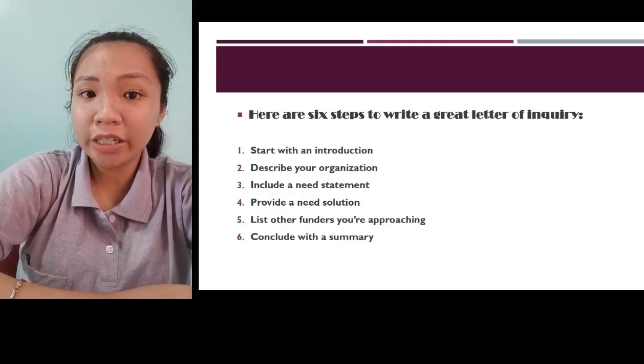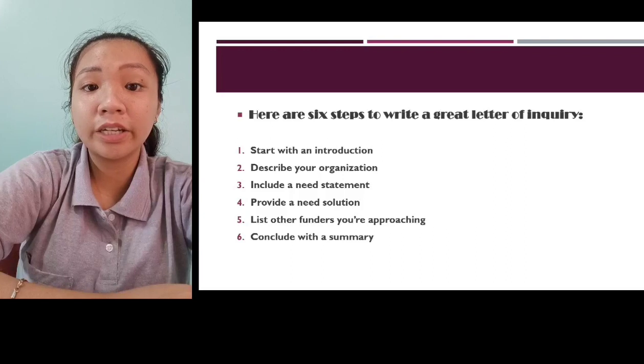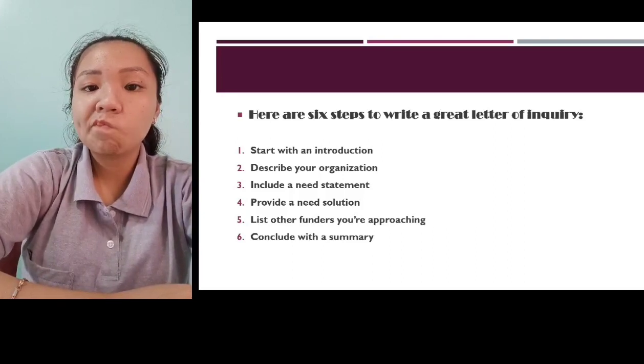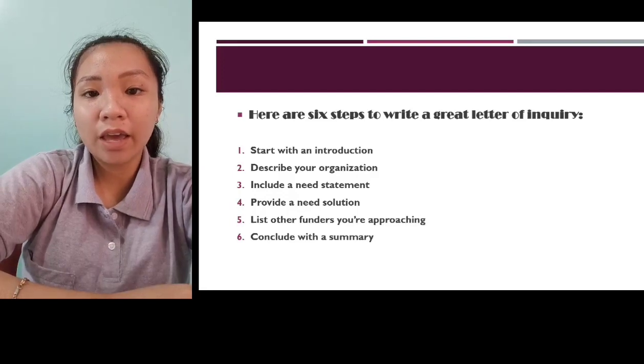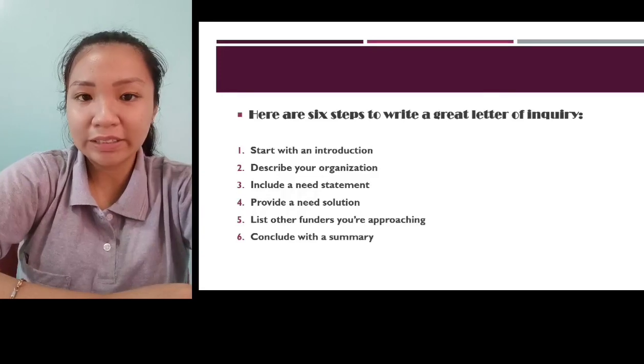Additionally, you can mention how your project is relevant to the funder's interest, which can make them more receptive to granting your request.